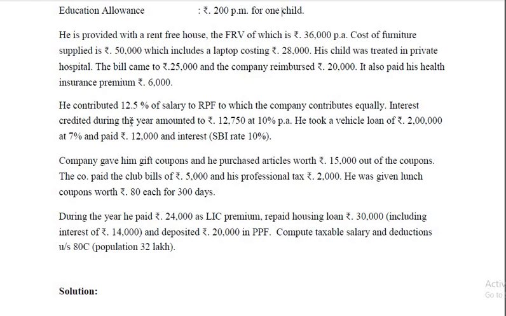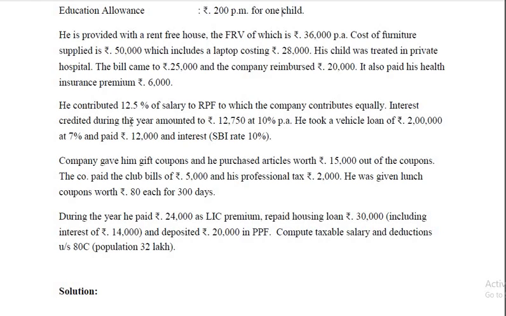How to calculate this value? See, 10 is equal to 12,750. What is 0.5? That we have to calculate. So 12,750 divided by 10 into 0.5. That is the way you have to calculate.